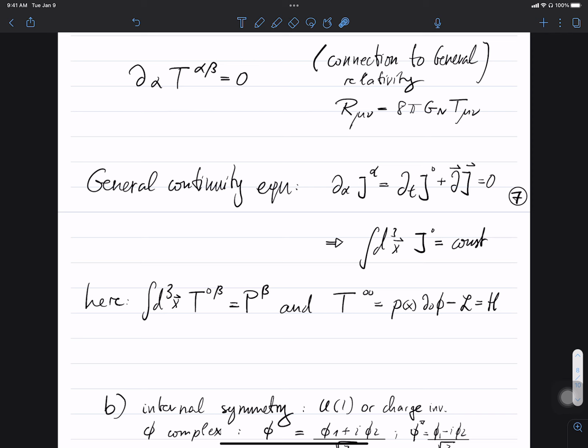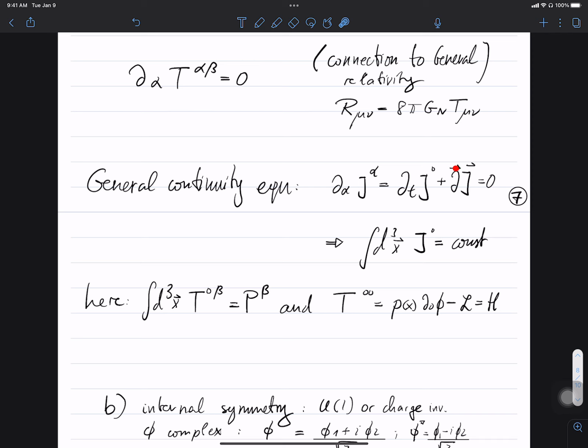So that means if I take the integral over this first component here, the spatial integral, I know that I can replace it by the integral over the divergence of this.